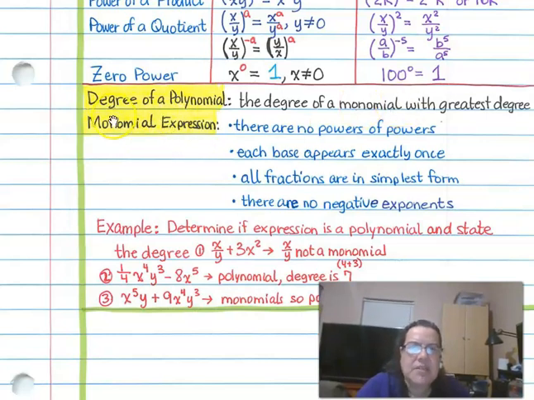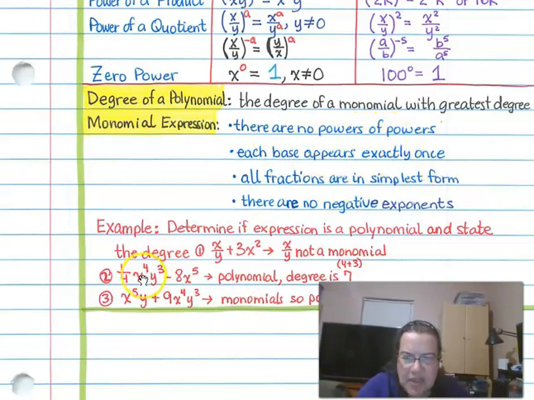All right, so what is a monomial? Okay, mono usually means 1. And so it's one term, right? So if you look at this here, I've got one term here, I've got one term here, a term and a term. The terms are divided by minus or subtract or add, okay? So this is a term, this is a term, this is a term, this is a term, etc. All right. So there are no powers of powers. Each base appears exactly once.